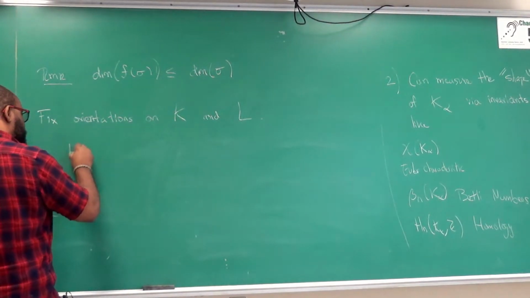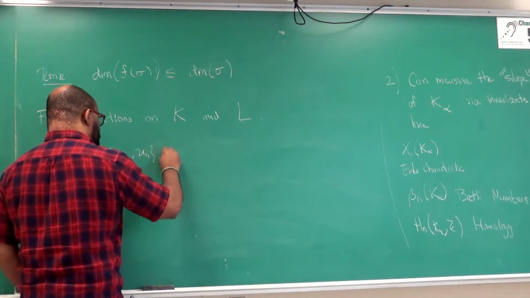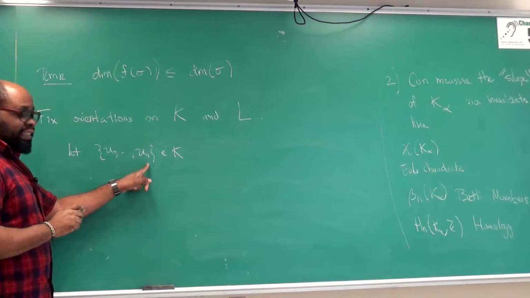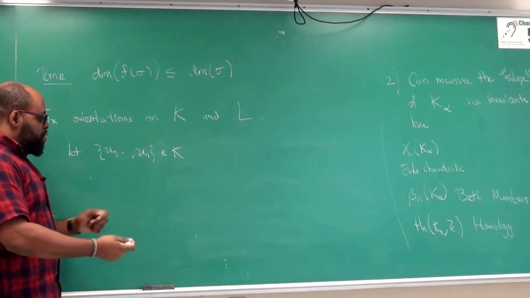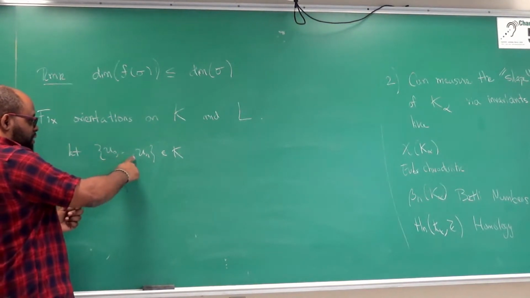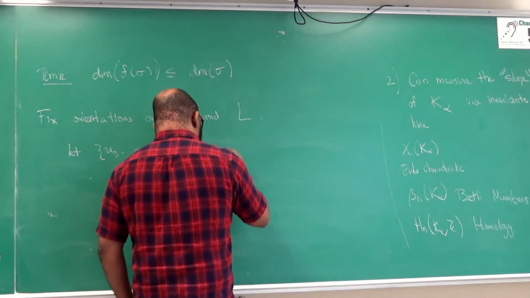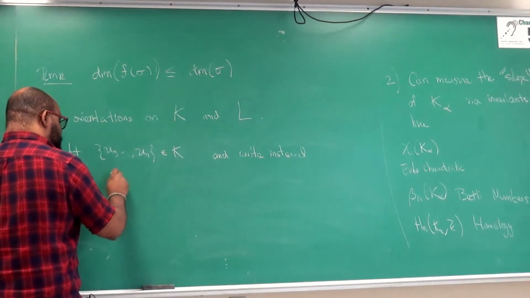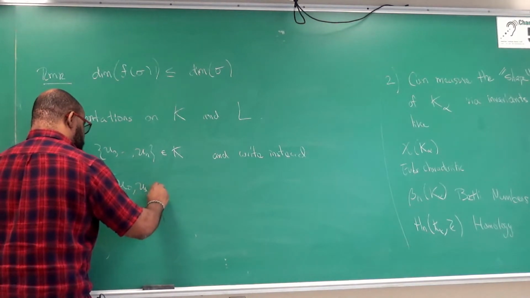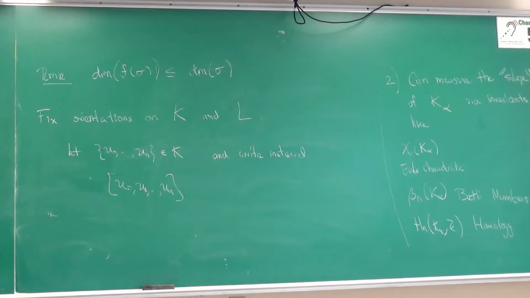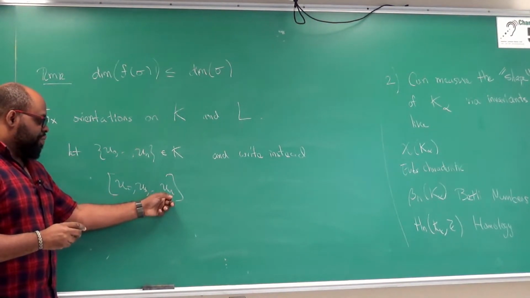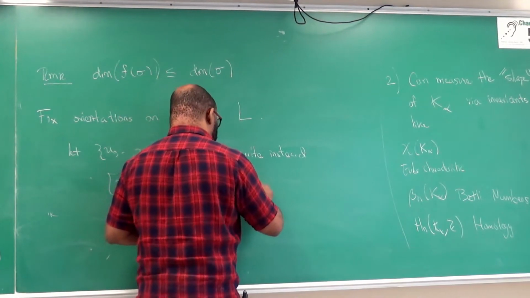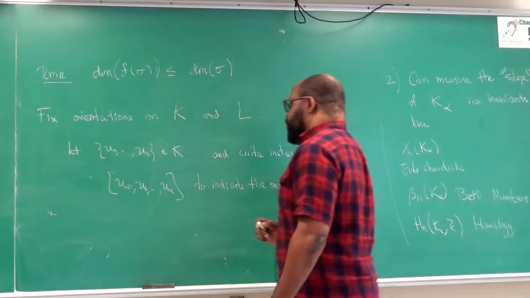Let u0 through un be vertices in K. We've always written a simplex as a set, but once the order is fixed, saying that this is smaller than the next, smaller than the next, and so on, we're going to write this n-simplex as this (n+1)-tuple, and this is to indicate the order of the points.